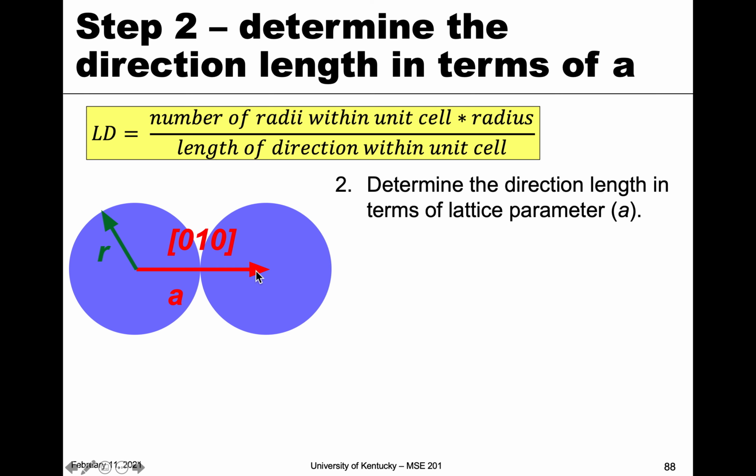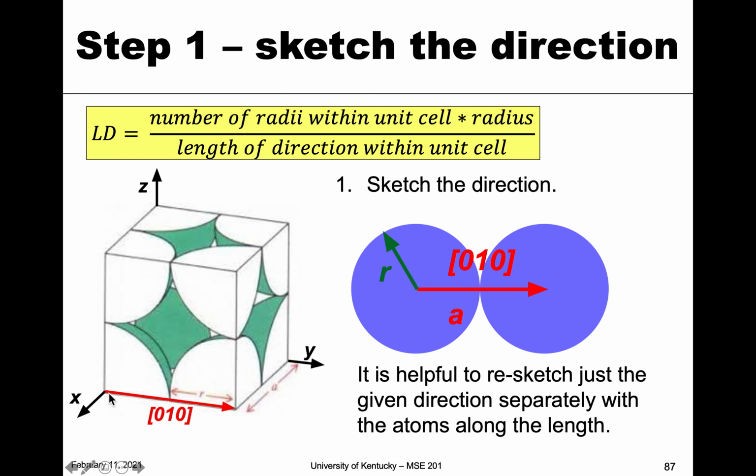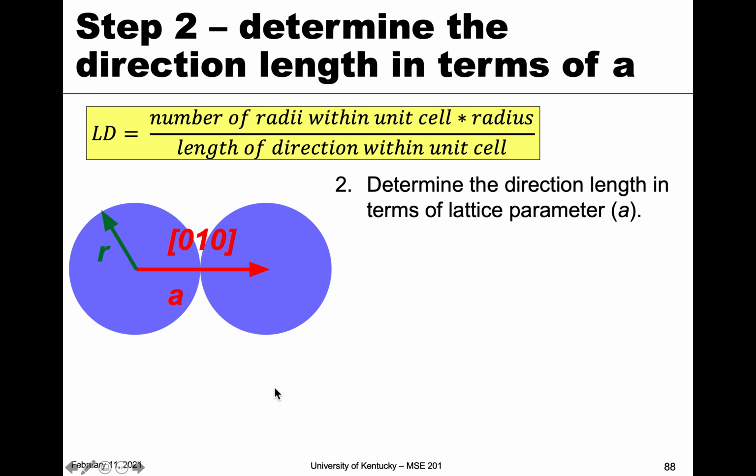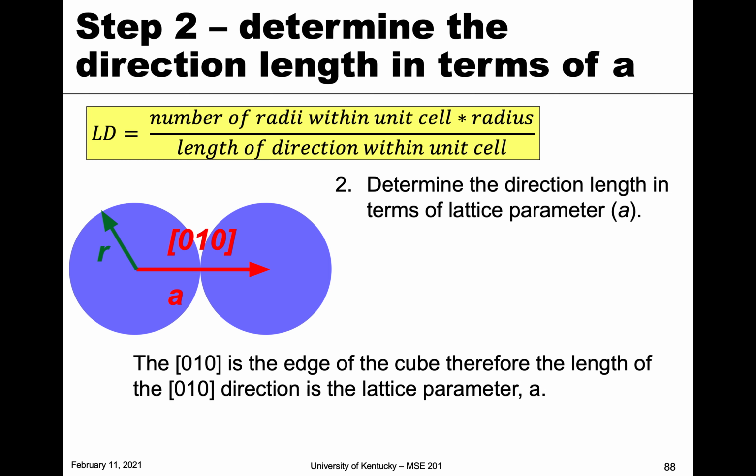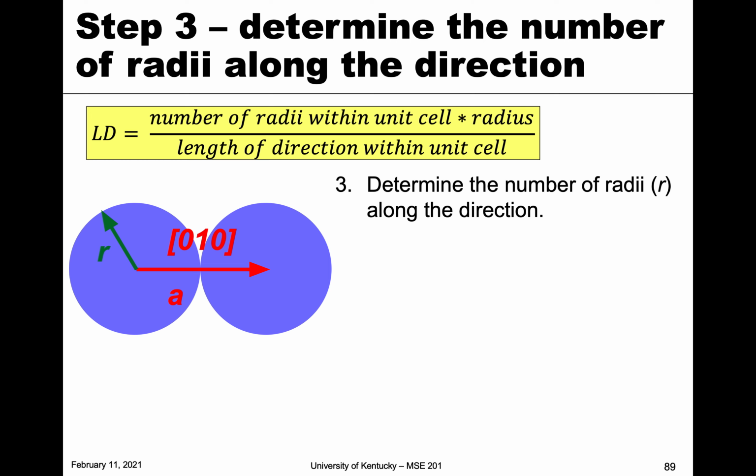So A is the length of the direction within the unit cell, because we're talking about this length, and that is the same as A. So we've determined the length of the direction, which is 1A. If it's a cube, that's the same as any side, so 1, 0, 0, 0, 1, 0, 0, 0, 1, any of those have the same lattice parameter.